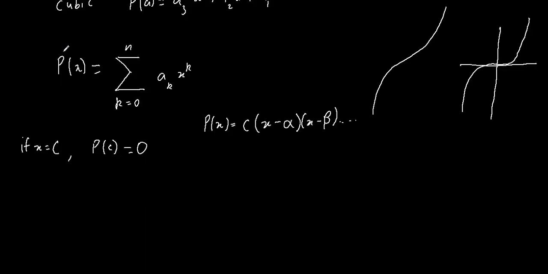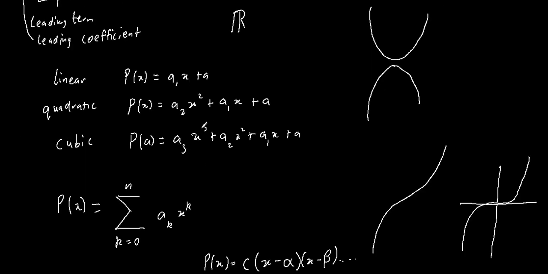So if my highest power of x is an odd number, that makes an odd polynomial, then it will always have at least one real 0. So it will always cross the x-axis in at least one place.